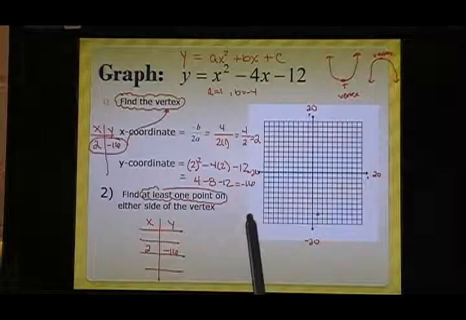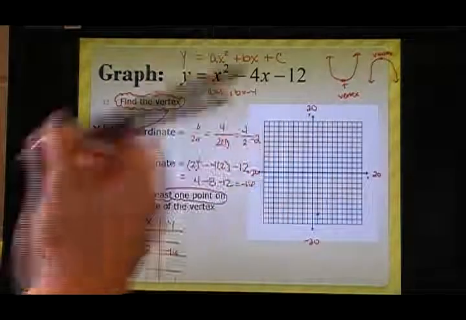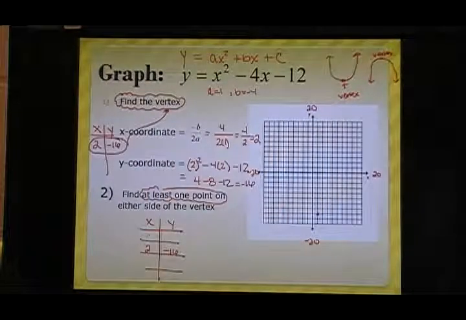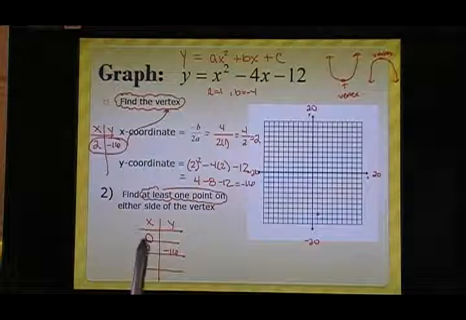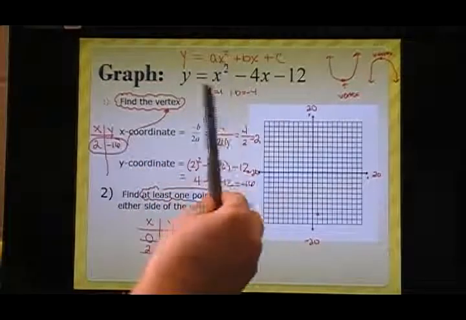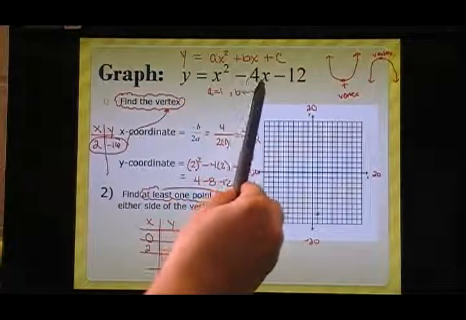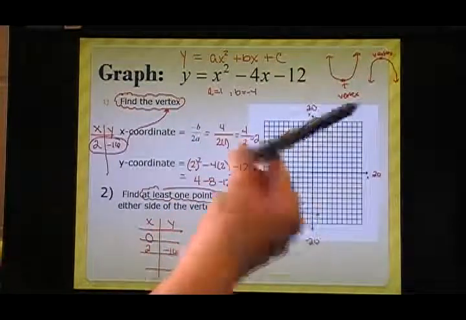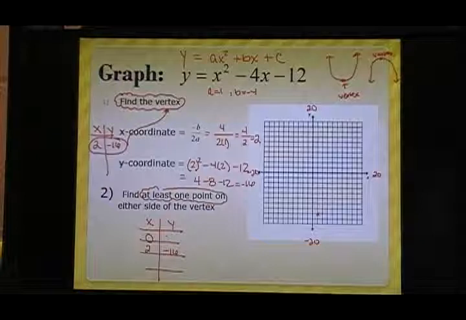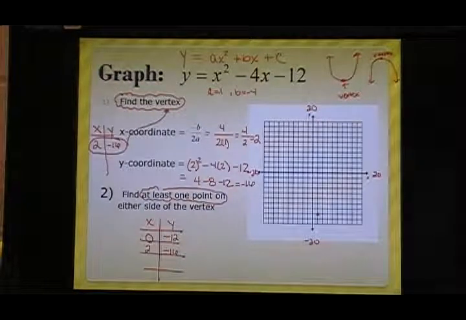So I'm going to use 0, just because that's easy. If I substitute 0 into this equation, I have y equals 0 minus 0 minus 12, or -12. So 0, -12 is a point to the left. So that's 2, 4, 6, 8, 10, 12.